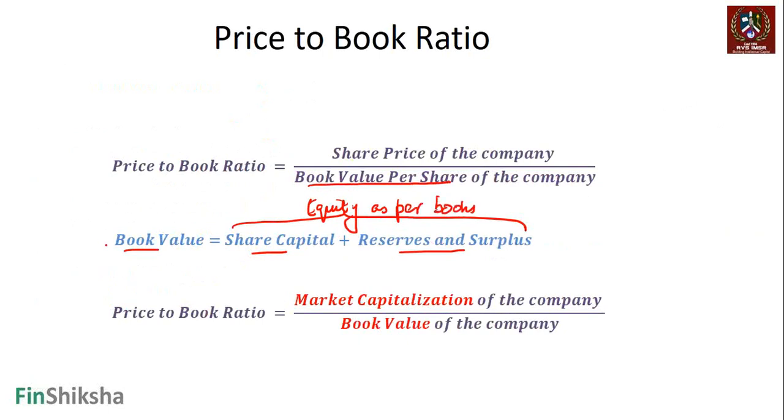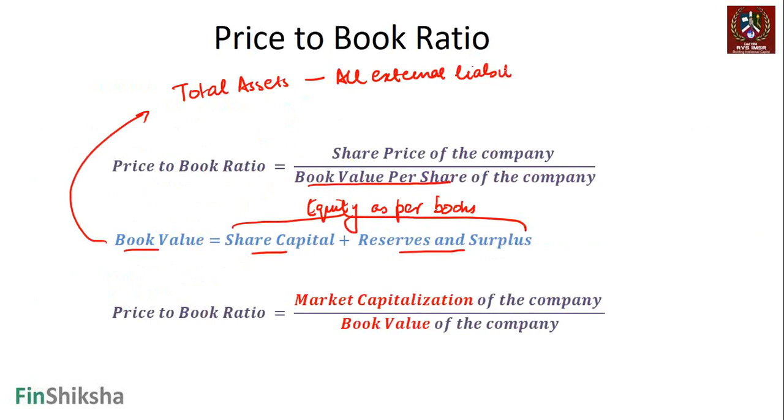You can also find the same book value as total assets minus all external liabilities. You repay all the current liabilities and non-current liabilities, and what is left is the book value of the company. It basically means, if I close down the company today, what is the value that the shareholders will get?